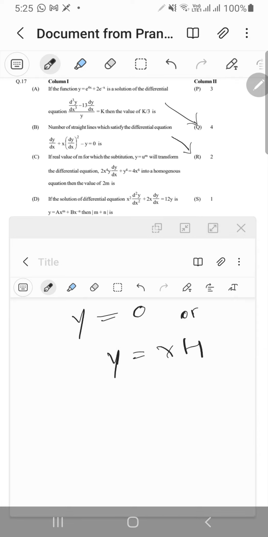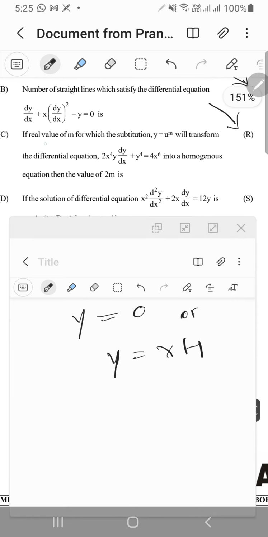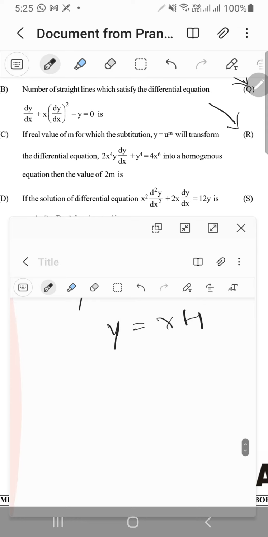This statement looks incomplete. It starts with if real value of m for which the substitution will transform this differential equation into a homogeneous equation, then the value of 2m is, oh, so if the value of m is such that they didn't write everything.